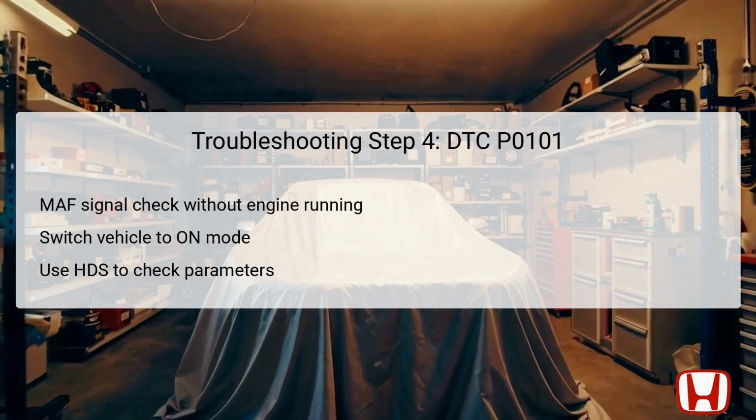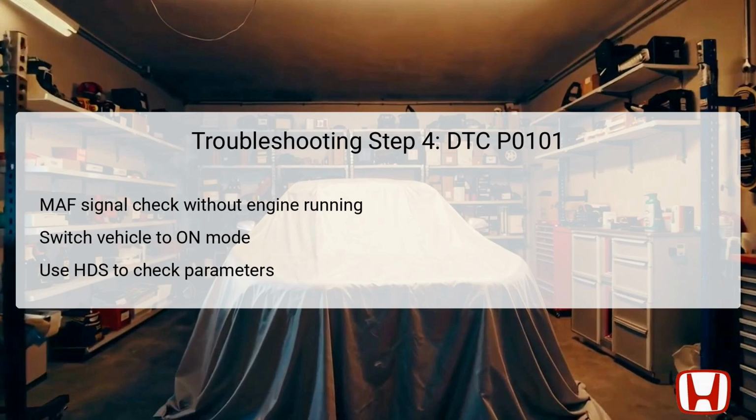Step 4 of troubleshooting DTC P0101 requires conducting a signal check on the MAF sensor while the engine is not running. Begin by turning the vehicle to the off mode, then transition it to the on mode without starting the engine. This will allow you to assess MAF sensor parameter values using the Honda Diagnostic System, HDS.